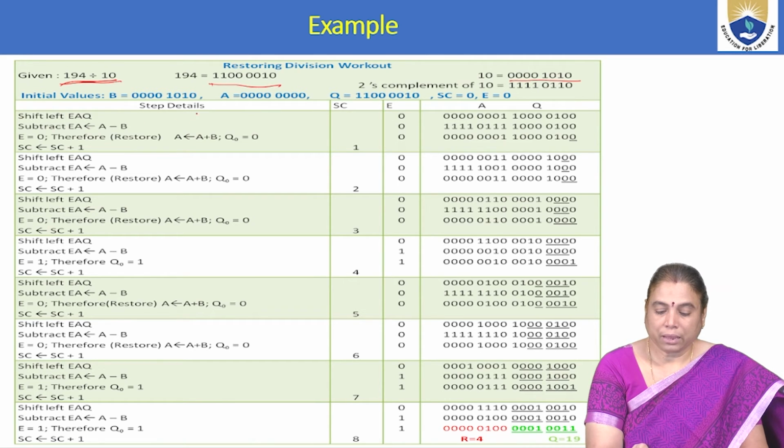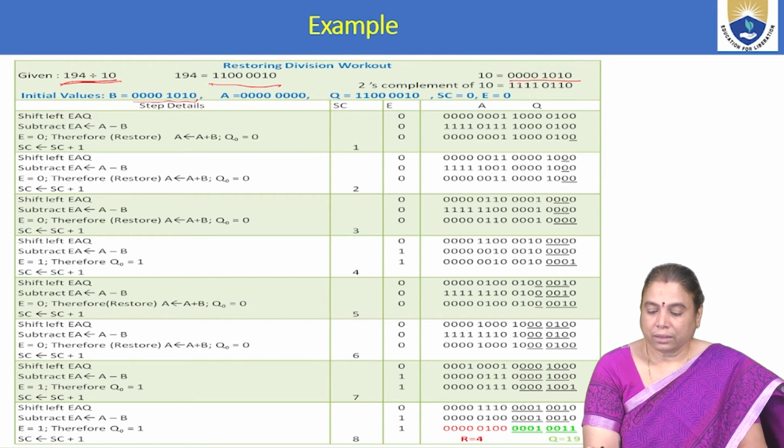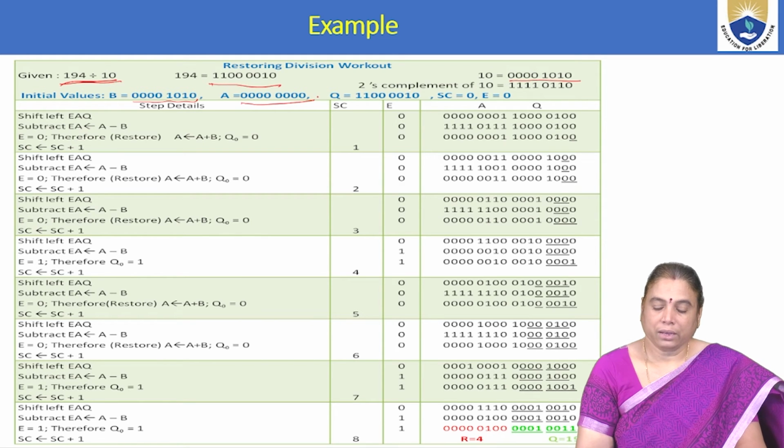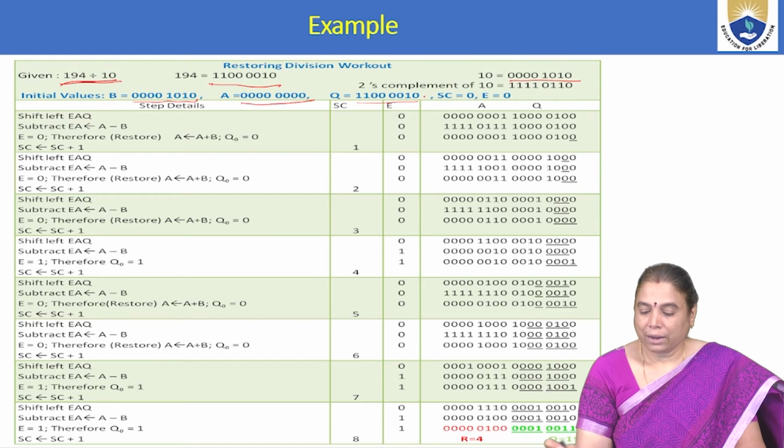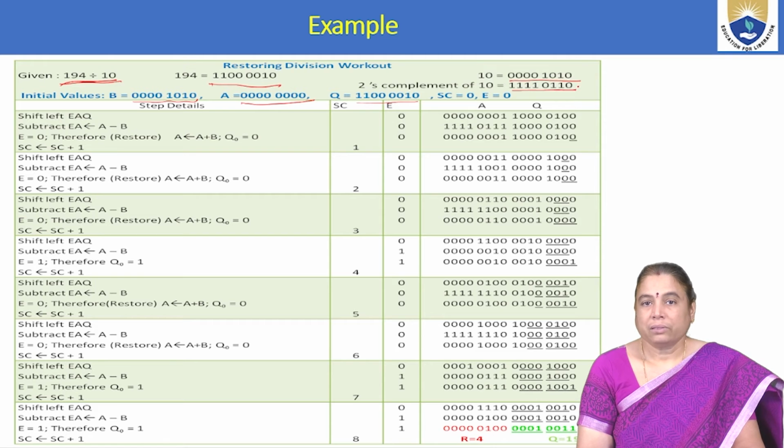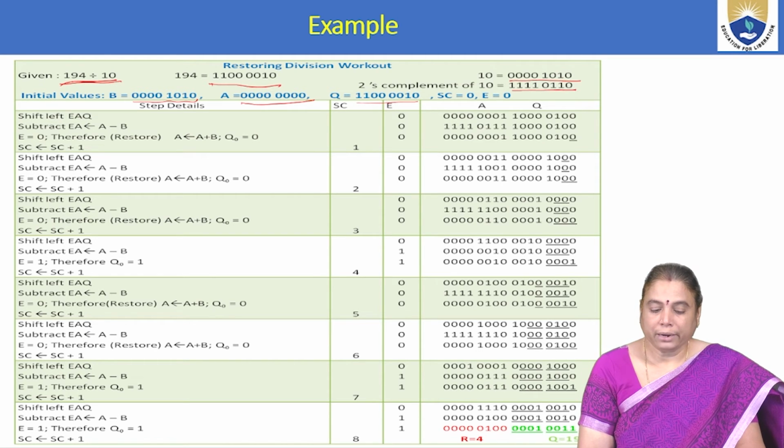Initially in the B register, the divisor value is stored, A is set to all zeros, and Q holds the dividend. And here the 2's complement of 10 can be taken. Why? Because the subtraction can be performed with the addition of the 2's complement.